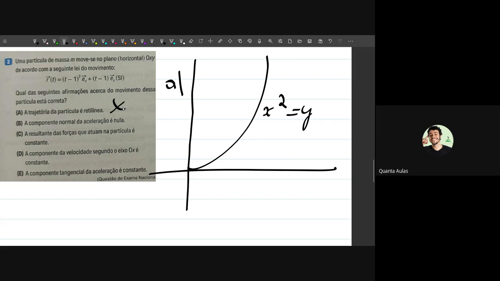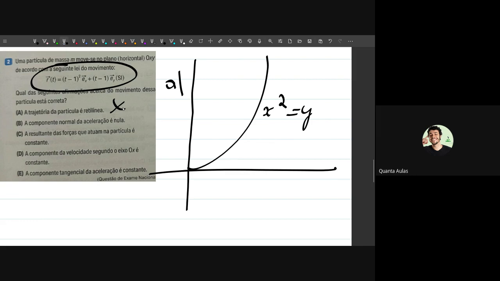The normal component of acceleration is null. So we have a position equation, but he is asking about the acceleration equation.